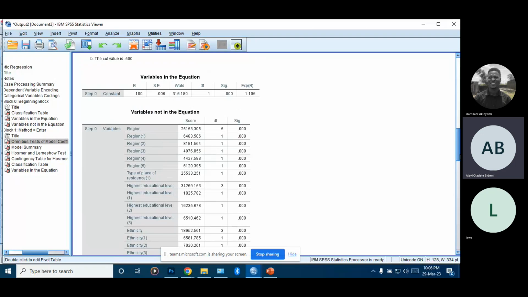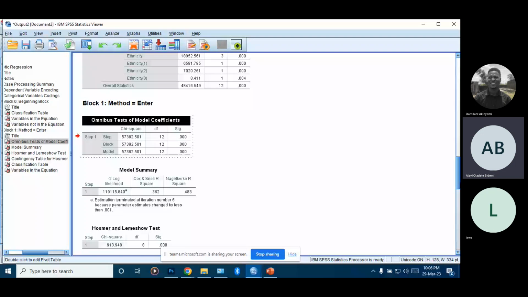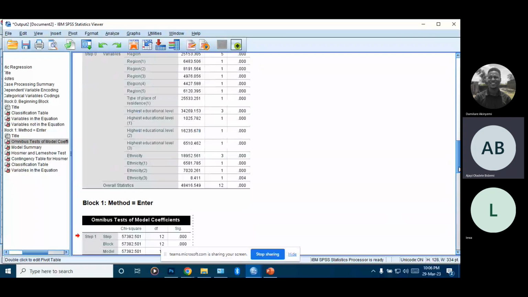So if the model we fitted is a better model for the data set, this omnibus test is going to be significant. I don't know if you understand. This omnibus test will be significant if our model is a good model for our data, if the model is better than the model we have up here.